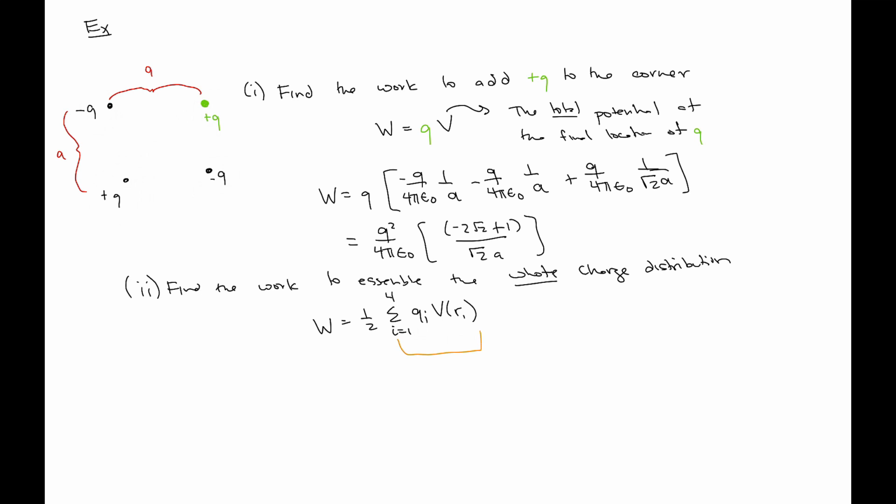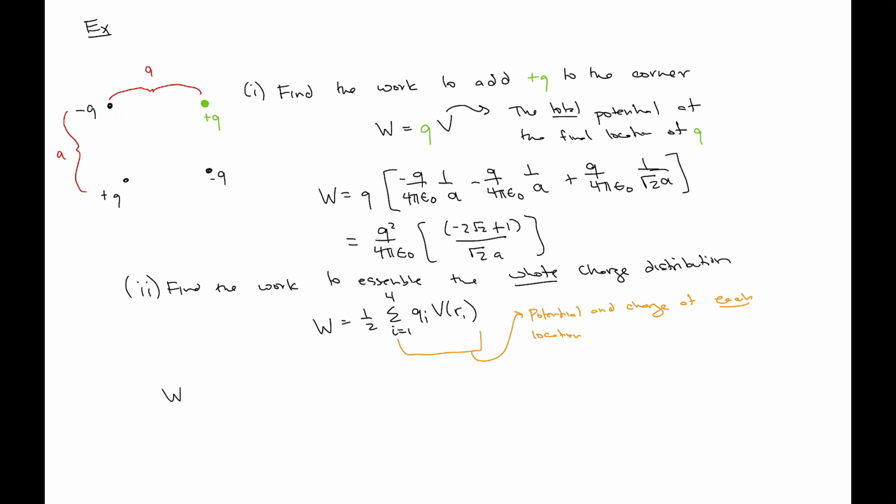This right here is the potential and charge at each location. Okay, and I have to consider, again, when I'm doing this at each location, all of the other charges.